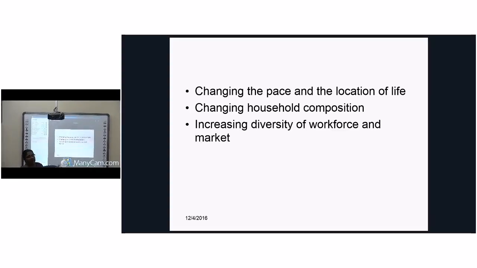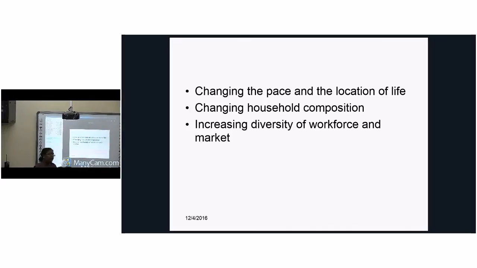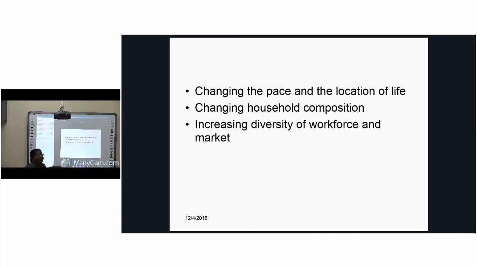And our parents are staying somewhere else. Due to job requirements and other requirements in our life, we are located in different places. So these things happen with us, among us. And changing household composition.